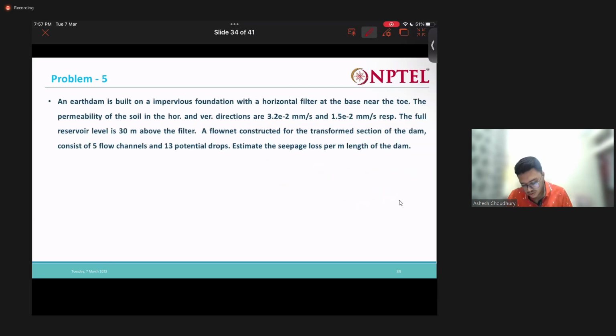Because the next one is also similar to that one. An earth dam is built on an impermeable foundation with a horizontal filter at the base and at the top. The permeability of the soil in horizontal direction is given. So here, previous case it was a homogeneous isotropic soil, but here my Kx and Kz both are different.